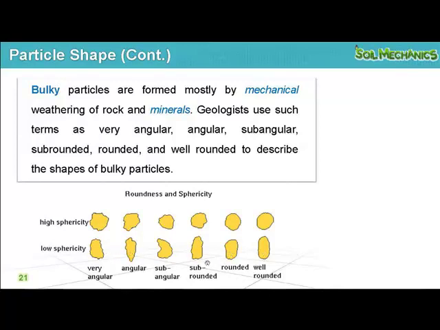And we can divide it into very angular. Very angular for high sphericity, such as in this one, and very angular but for low sphericity, like here. The shape of the particle can be very angular, and here is angular for low sphericity, and for high sphericity particle here.